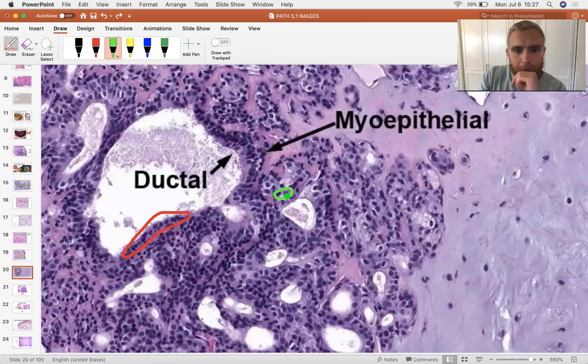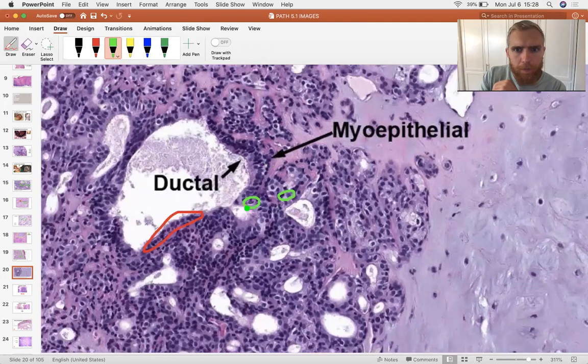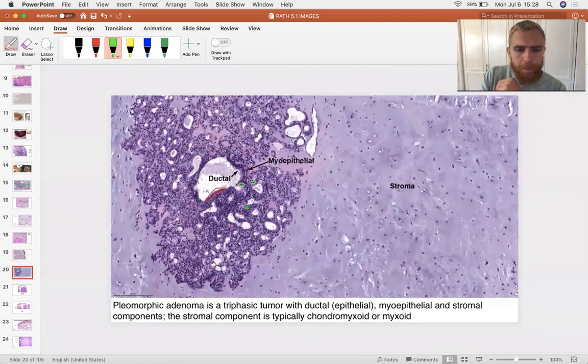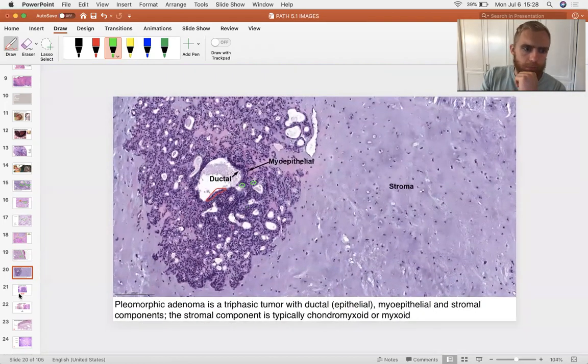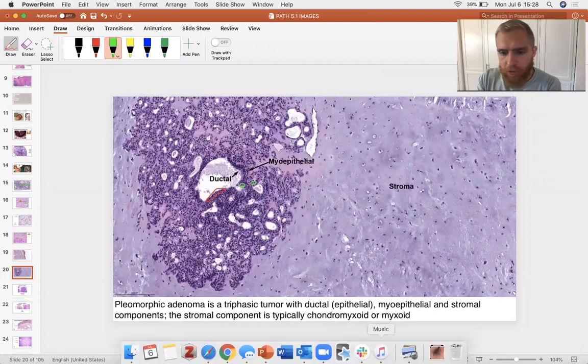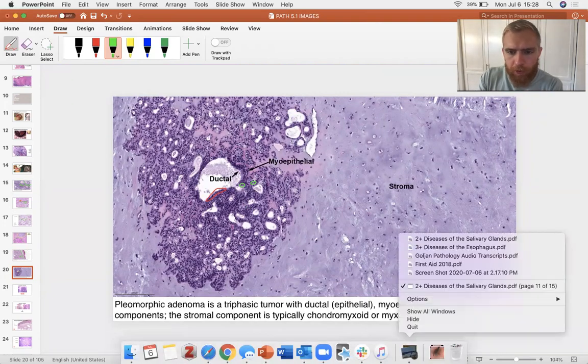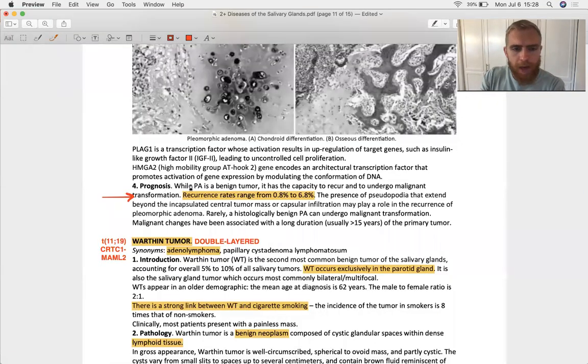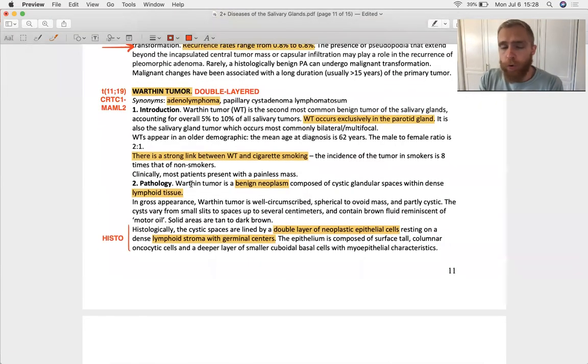That's a myoepithelial cell right there, you can tell. Important to remember, it's a mixed tumor. So that is all that I'll say about the pleomorphic adenoma. Now let's talk about the Warthin tumor.